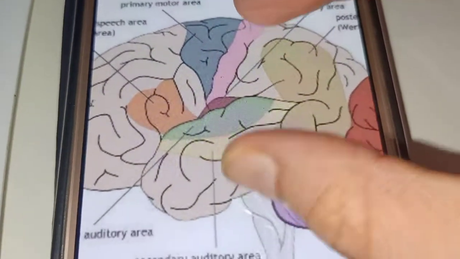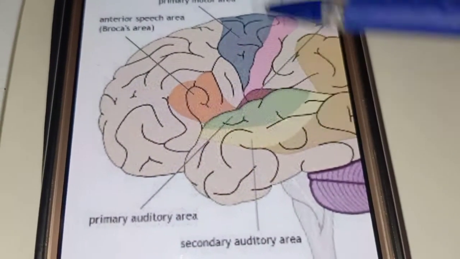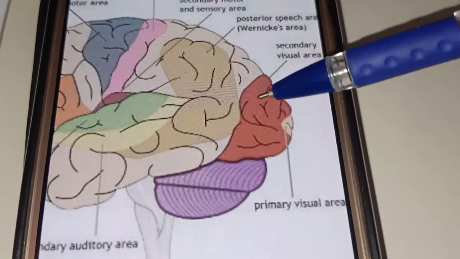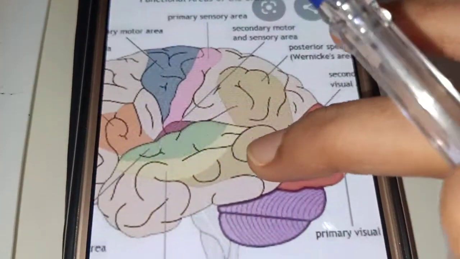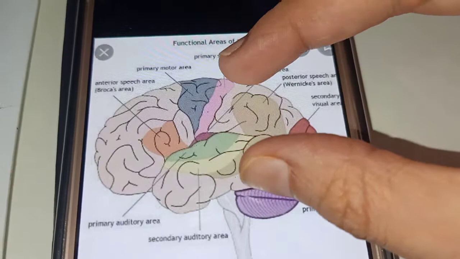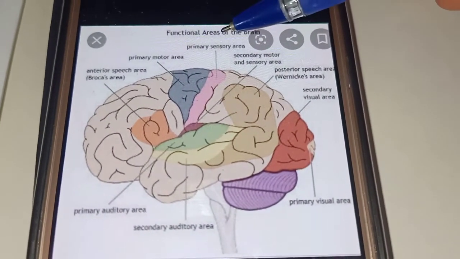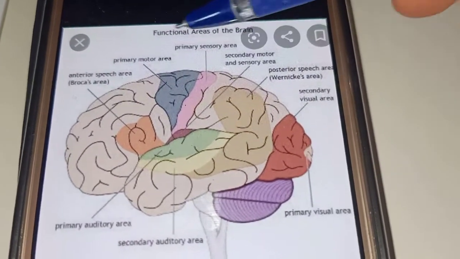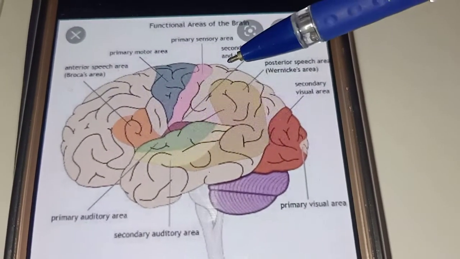You can see here, this is the auditory area, present in the temporal lobe, and this is the visual area, seen in the occipital lobe. And there is a somatosensory area which is not seen right now in this picture. I'll teach you in detail later on. But there are somatosensory areas which respond to touch. So here it is the primary sensory area. These somatosensory areas respond to touch, that is, senses.